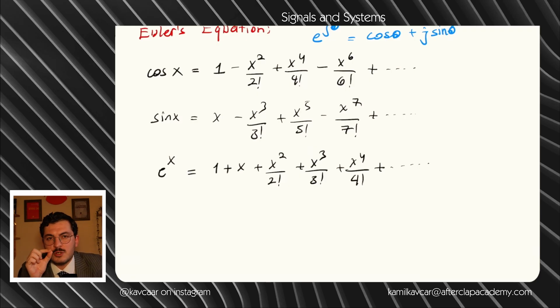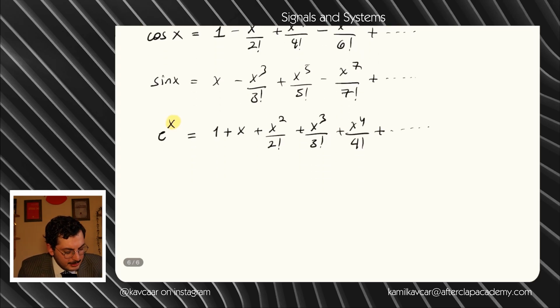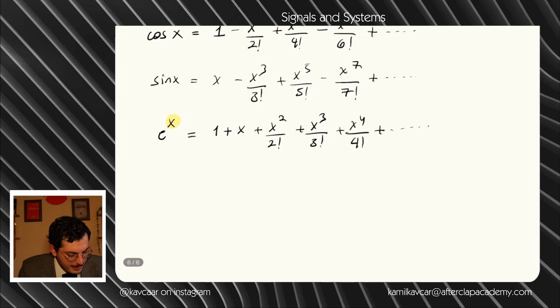Actually, Euler was a genius because he thought, what happens if I replace that x with an ix? I mean the complex unit times x. So we're just going to do a little conversion there. We're going to replace x by jx.